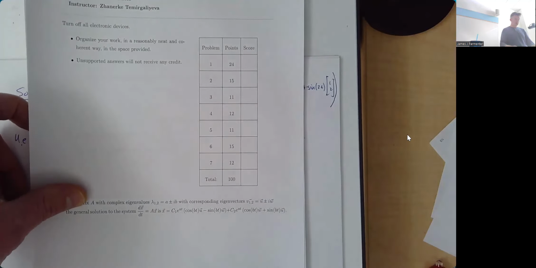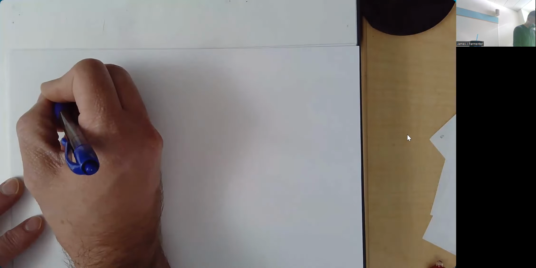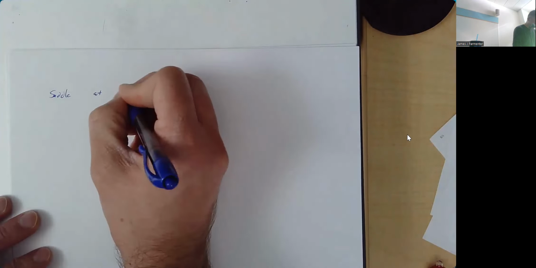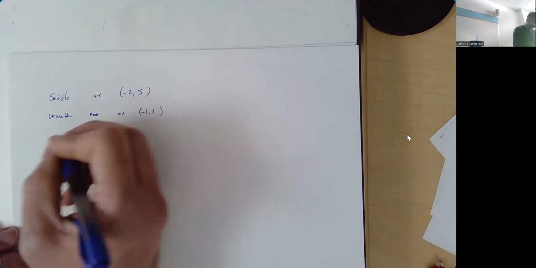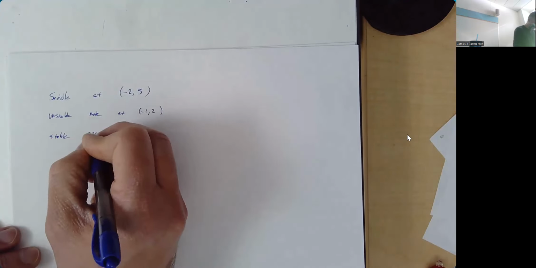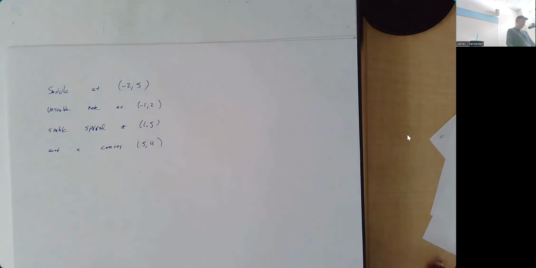The problem will read like this: a system given explicitly, meaning you're given the differential equations, I assume that's what that means, has a saddle at -2, 5, has an unstable node at -1, 2, a stable spiral at 1, 5, and a center, that's interesting, at 5, 4. Sketch a phase portrait for the system around these equilibria.